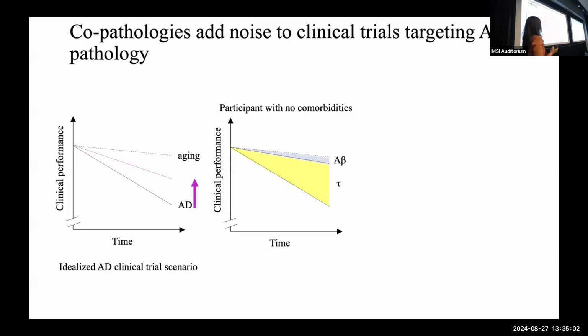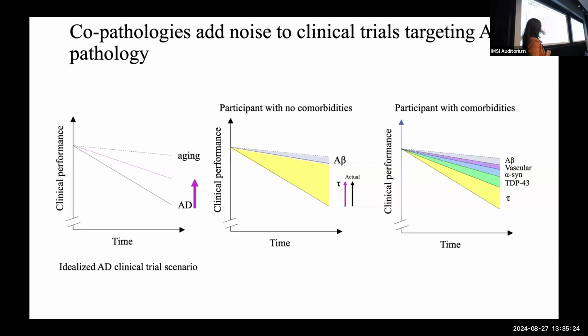And if your participants are clean participants, they only have amyloid and tau pathology in their brain, all of that cognitive decline will be explained by these AD biomarkers, AD pathology. And if your treatment is 50% efficacious, then you will see that perfectly, you will see that 50% decline.